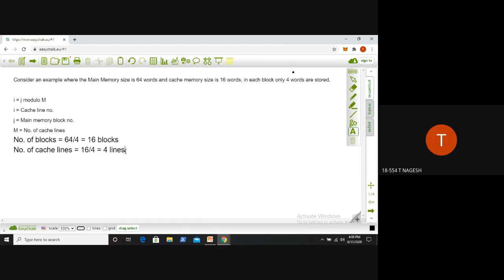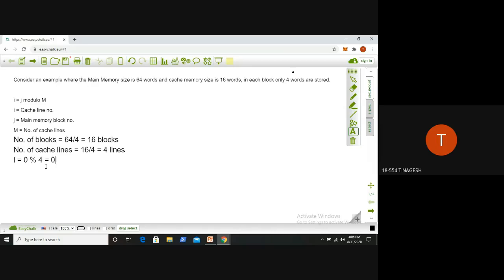It says that i equals j modulo m. j is nothing but the main memory block number. So if I consider the main memory block number at the first one as 0, then 0 modulo m. m is nothing but the number of cache lines. So what is the number of cache lines I have here? That is 4. So 0 modulo 4 will obviously lead to 0.